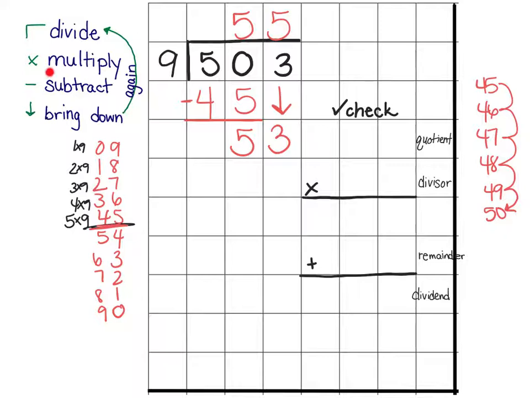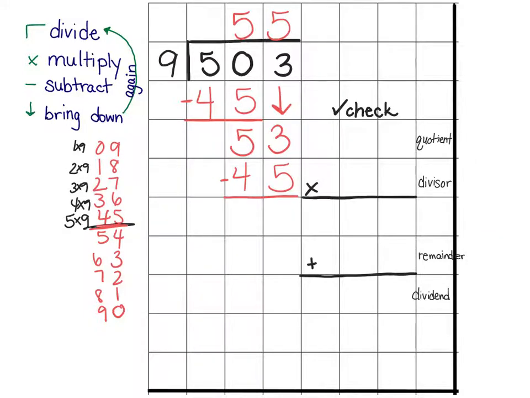Now we need to multiply. 5 times 9 is 45. Then we will subtract 53 minus 45.